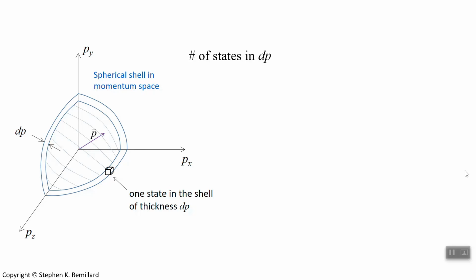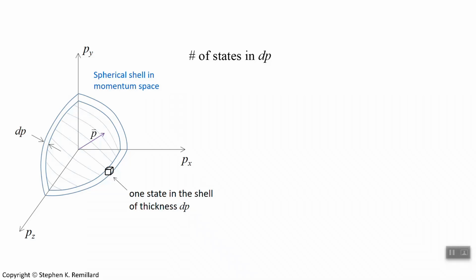Now, given that x, y, and z are not really distinguishable in momentum space, a particle is moving around in all three, I expect there to be spherical symmetry in any function of momentum. And so I'm going to look at a sphere in momentum space, a sphere of radius p, the momentum.